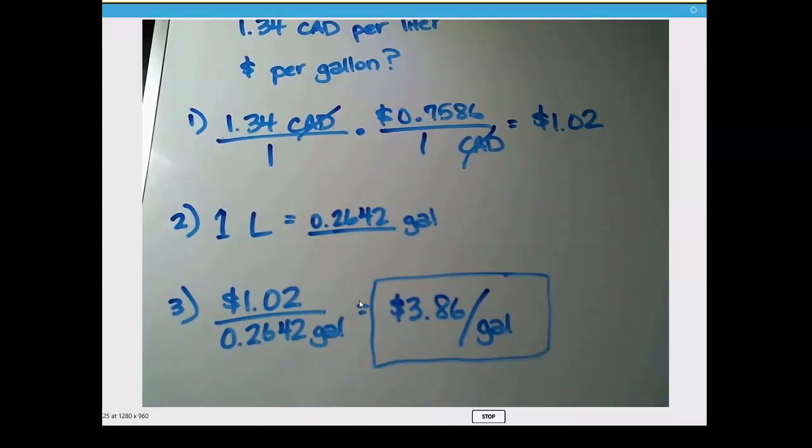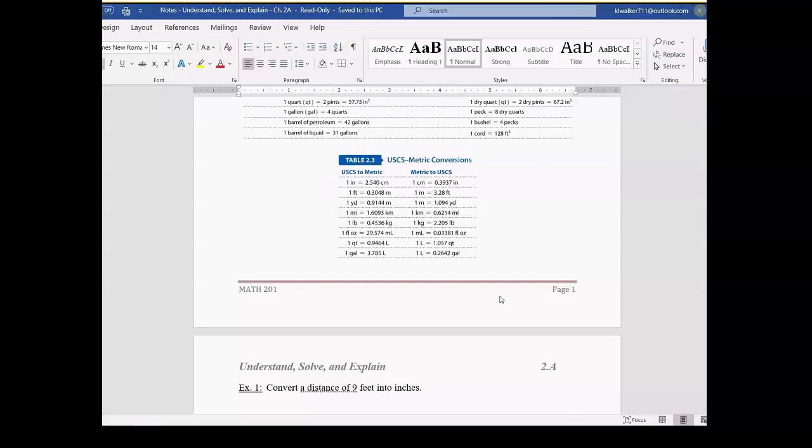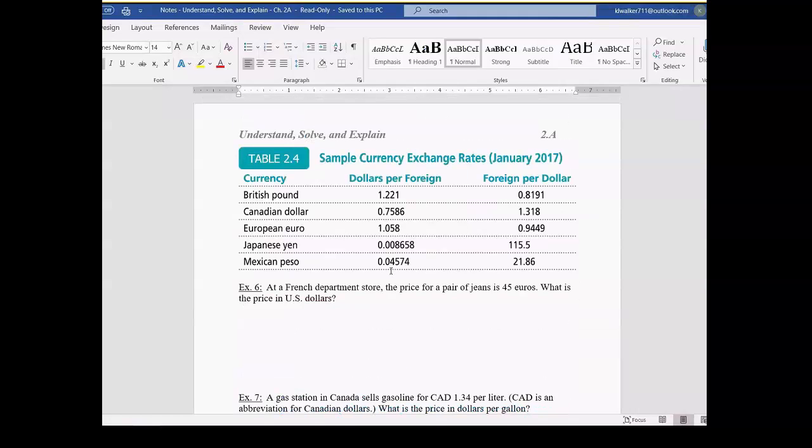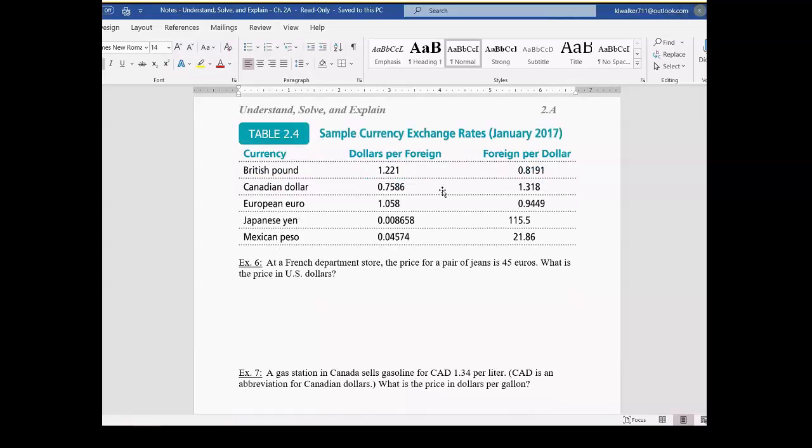Do you guys have any questions for me right now? Yeah, I don't understand how you got the 0.7586. Why you didn't put it over the 1.318? 1.318. Oh, from the table? Yeah. Right here?